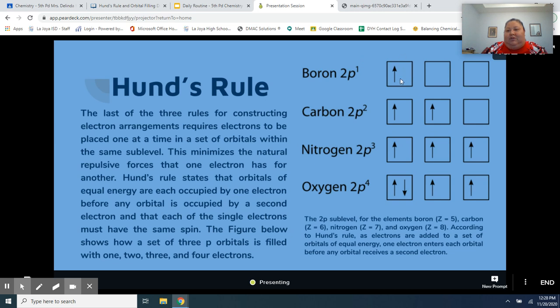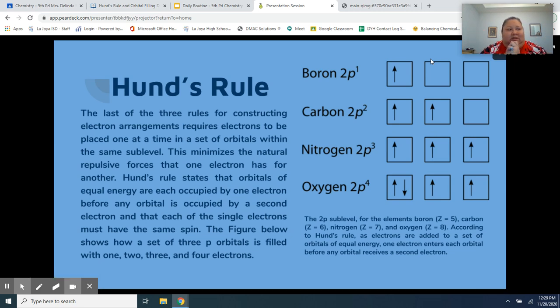You have to remember, there's always 3 versions of your p orbital. In the case of boron, you're going to distribute that 1 electron in your first orbital. I always like to use the analogy of your 3 best friends. Everybody has really good friends.